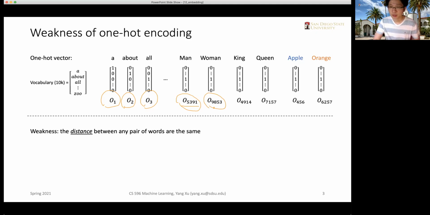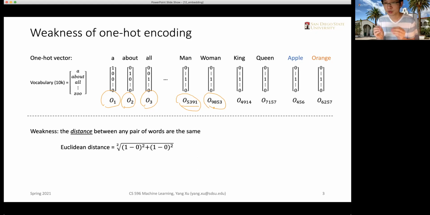That is determined by the nature of the one-hot vector, because in each one-hot vector there's only one 1 and all the other elements are zero. So no matter which two words you compare, you can compare man with orange, or king or queen with apple, for example.